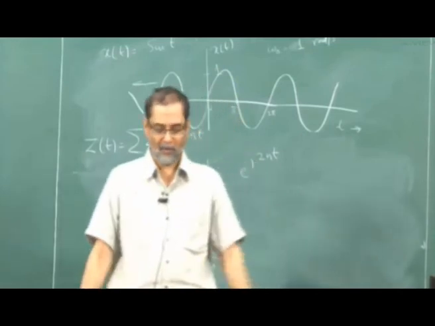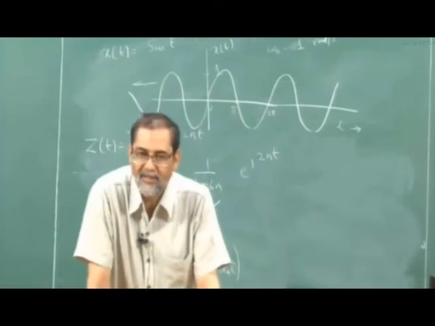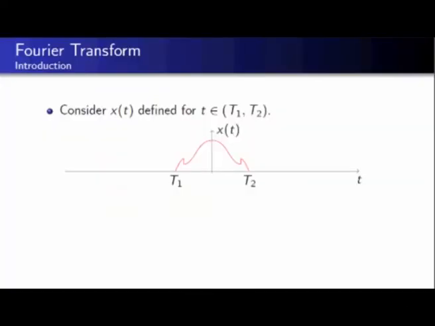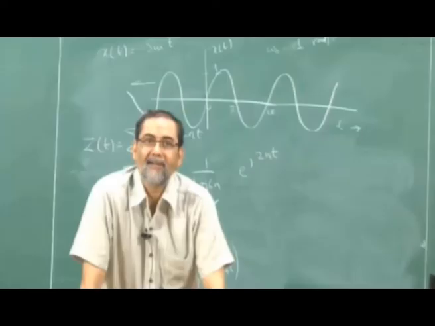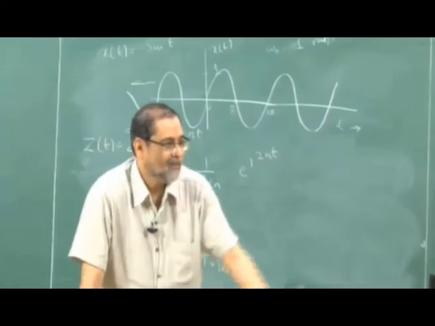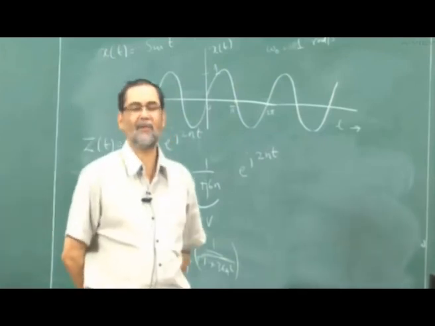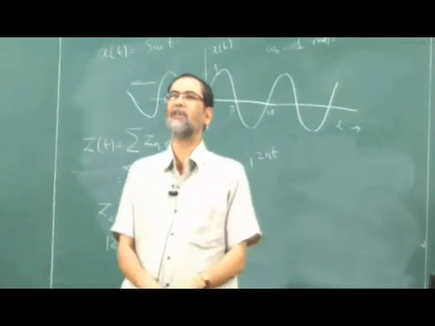All the stuff that we have been talking about for the last 2 to 3 hours, is it useful at all? That is a question. So that leads to the idea of Fourier transform. Can I extend the ideas of Fourier series, the ideas of eigen function to non-periodic signal? Okay. So I have now shown an x of t defined between some t1 and t2, for all other values it is 0.